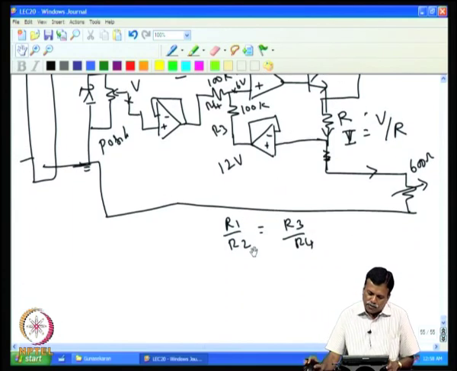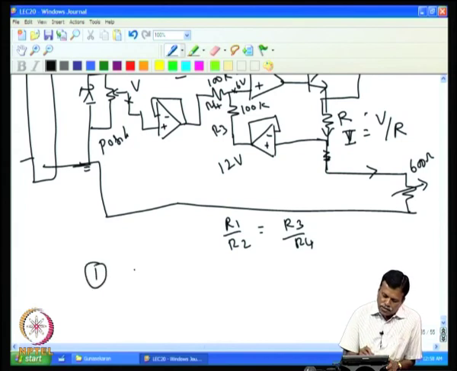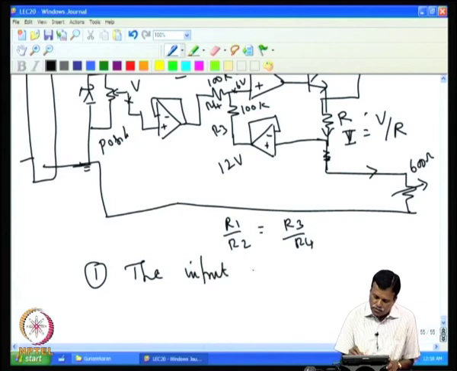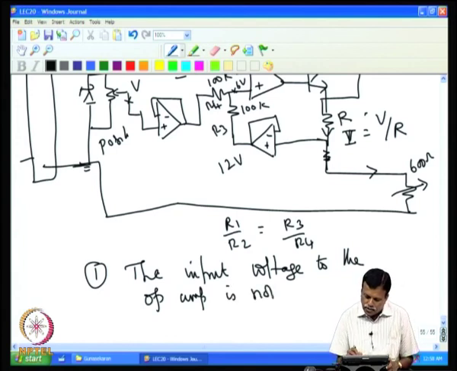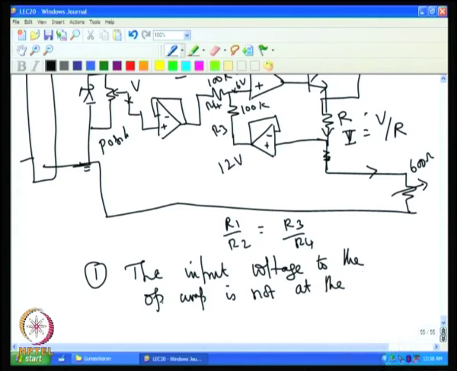So, if you look at the advantage of this circuit, the op-amp input voltages are not at the supply potential.